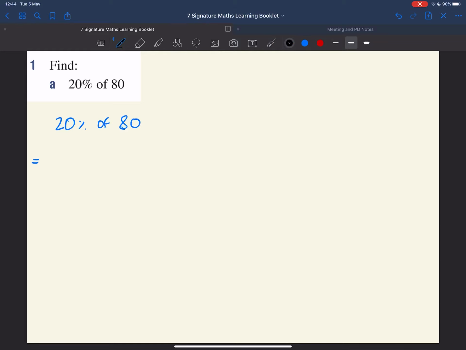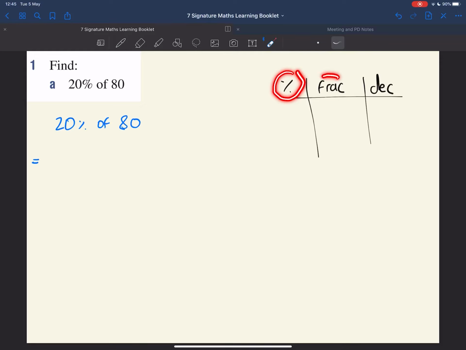Remember how we had percentages, fractions, and decimals, and we said that each one of these was a different language? We said this one was like Spanish, and then English, and then Chinese or something. They all represent the same thing. So if we look at 20% as a fraction, what would it be? That's a fifth. And as a decimal it is 0.2.